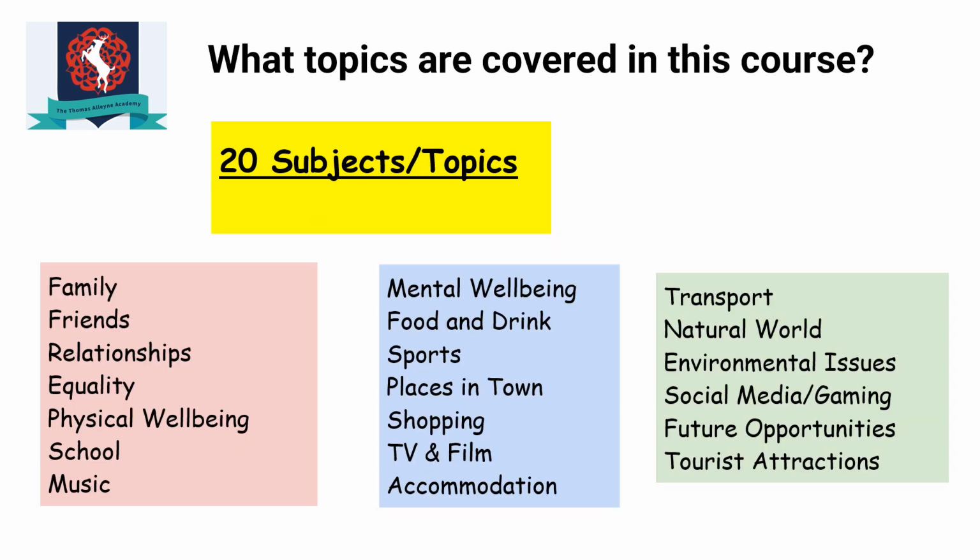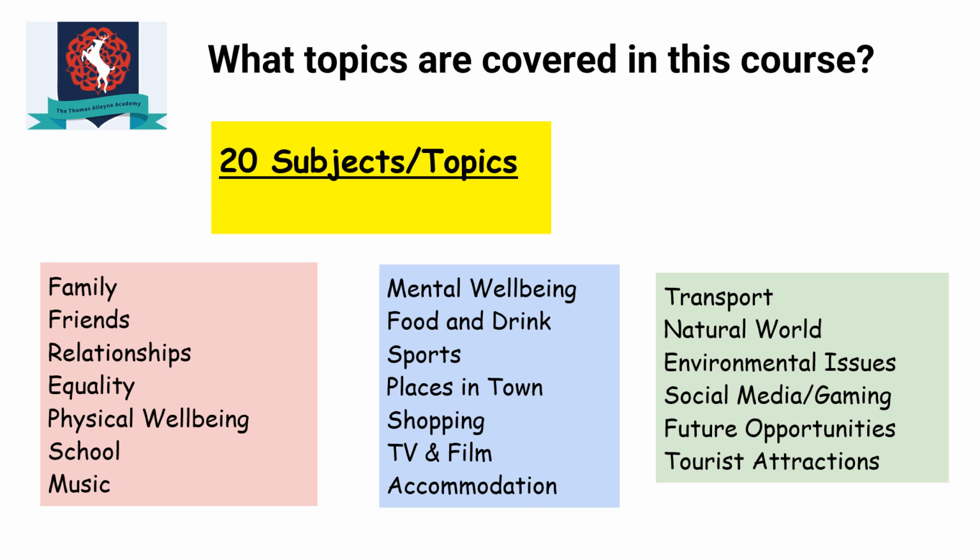There's about 20 subtopics, all relevant to your age, and it's being able to talk about your family, your friends, and relationships, school, sports, what you do when you go shopping, transport, future opportunities, social media, and gaming.